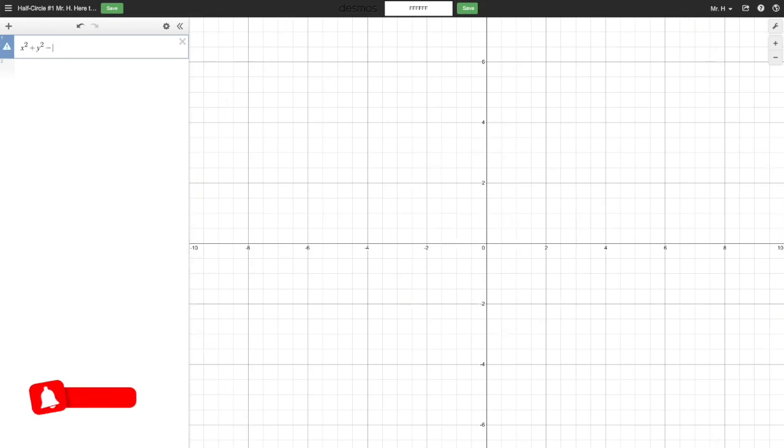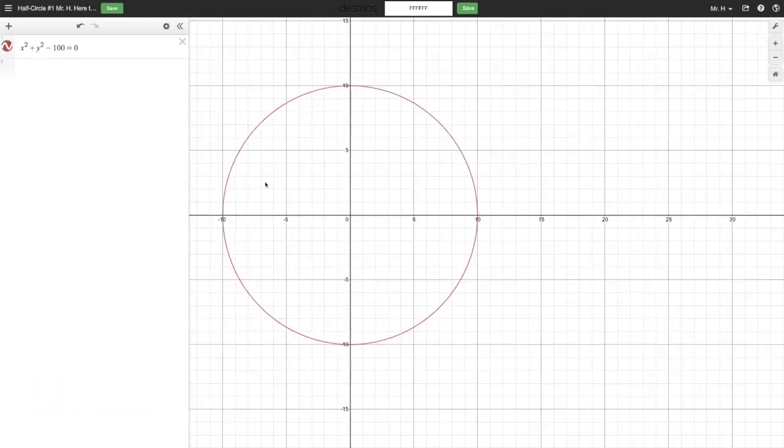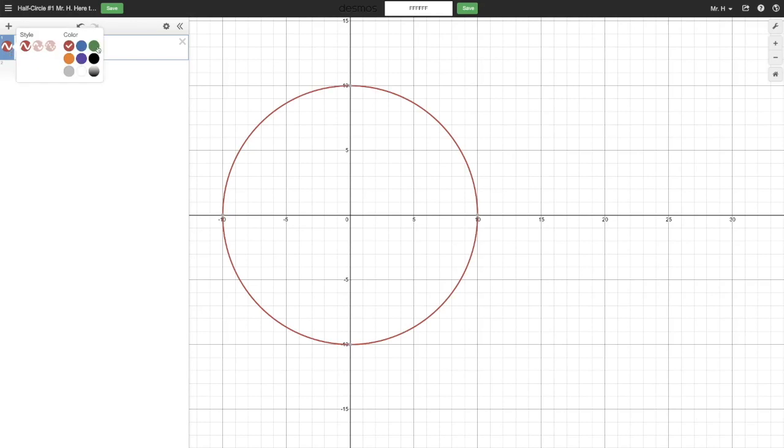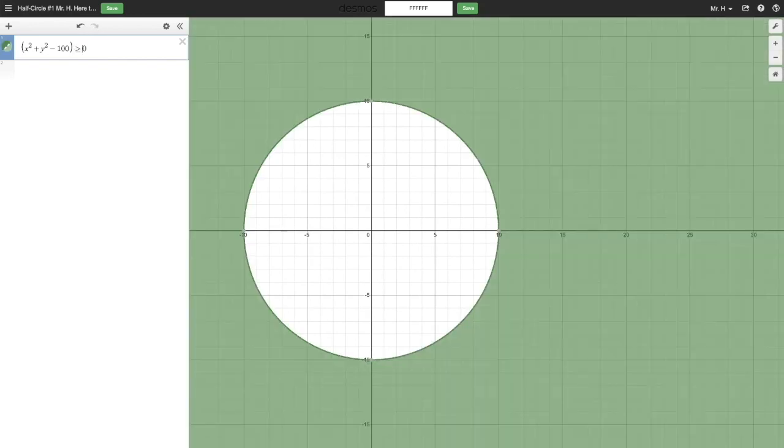But also, like before, I'm going to put this in a format of x squared plus y squared minus 100 equals 0. And we'll zoom out just a little bit so that we can see that well. And we'll put this into some parentheses like that. Okay, let's make this green because the overall graph was going to be green. And then for starters here, we can just say is greater than or equal to 0, and we'll start out with the shading out there.